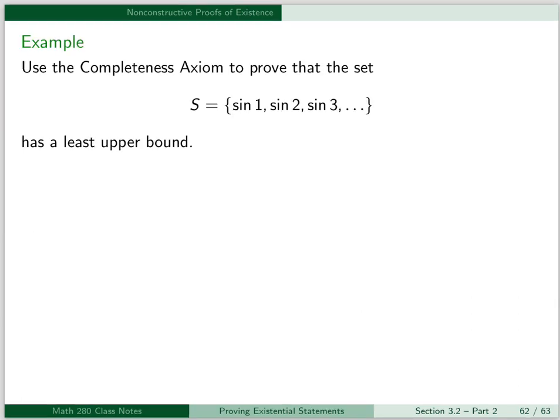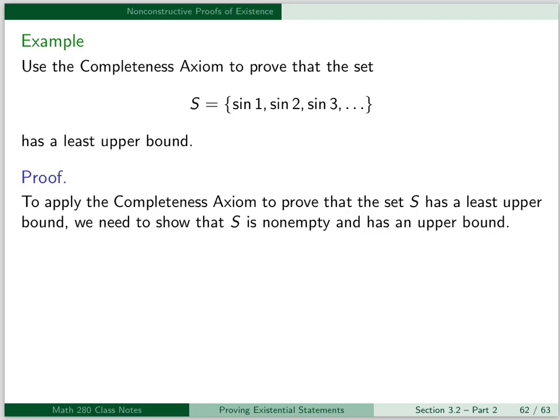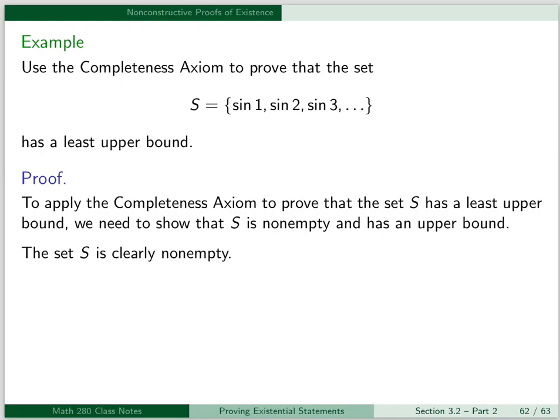So now we want to use the definitions and the completeness axiom to prove that the set S, which consists of sine of 1 radian, sine of 2 radians, sine of 3 radians, and so on, has a least upper bound. So for the proof, to apply the completeness axiom to prove that the set S has a least upper bound, we need to show that S is non-empty and has an upper bound. Well, the set S is clearly non-empty.